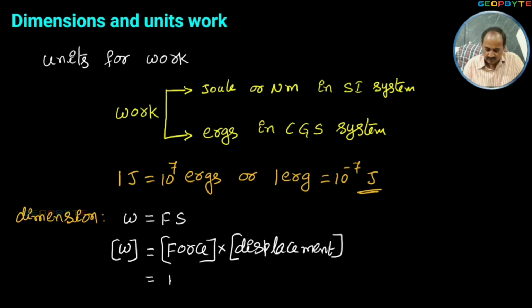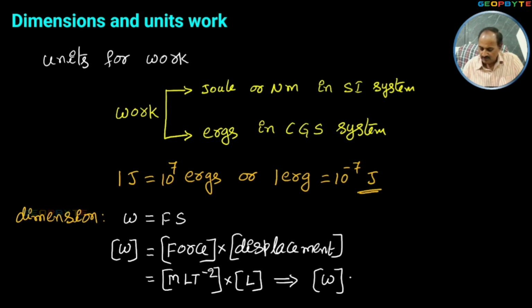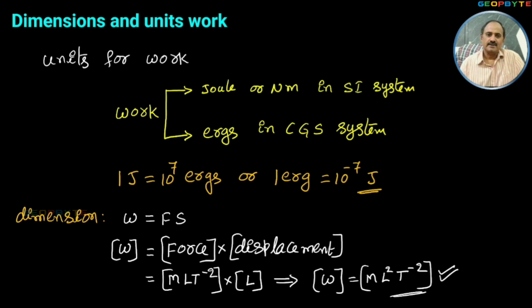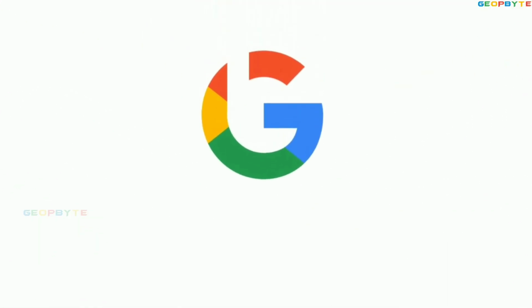Force dimensional formula is M L T power minus 2, multiplied by displacement L. Simplify this part to get the dimensional formula for work equals M L square T power minus 2. I hope all of you clearly understood.